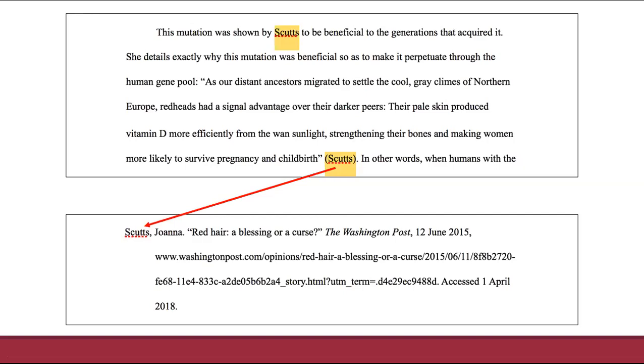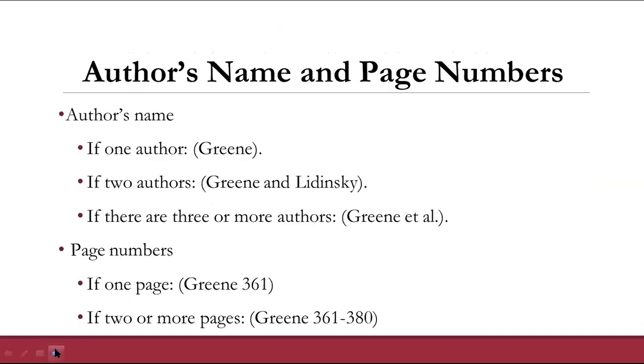Notice that this corresponds directly to the works cited page at the bottom, where we see the arrow, where we have last name Schutz, first name Joanna, right? Then we have the title of her article, Red Hair, Blessing or a Curse, and that was contained in the Washington Post, and there was the date, and this location is a website. Author's name and page number.